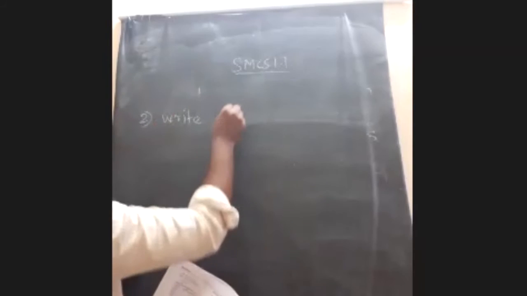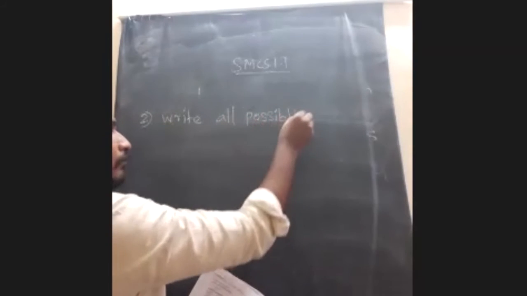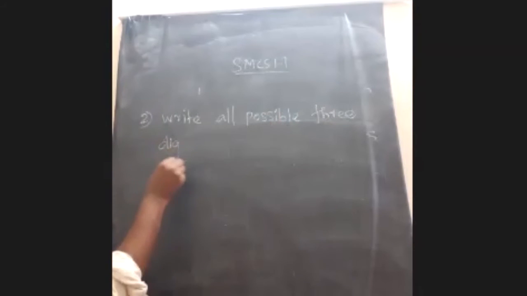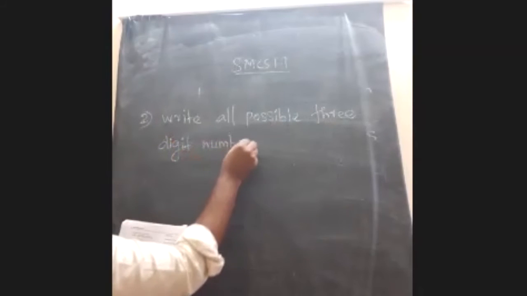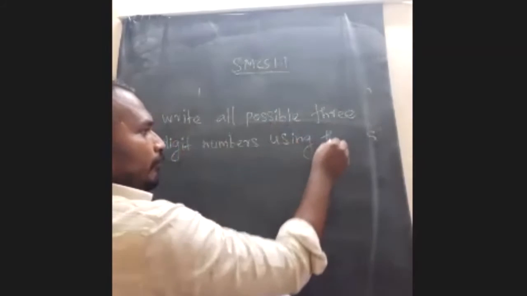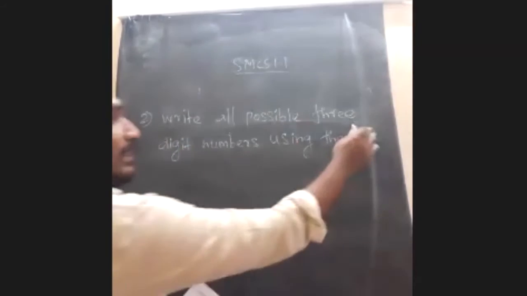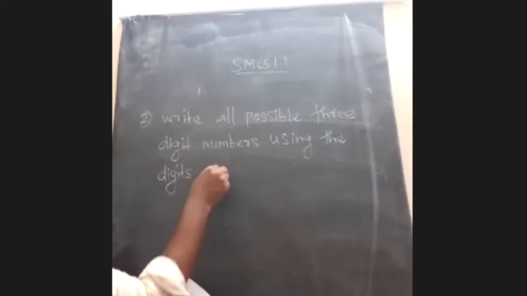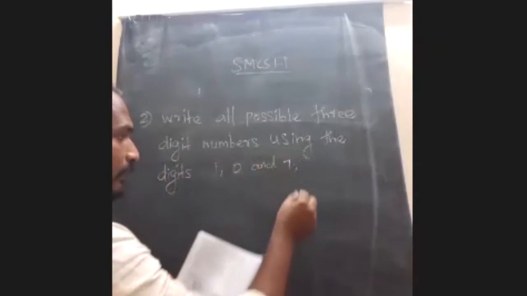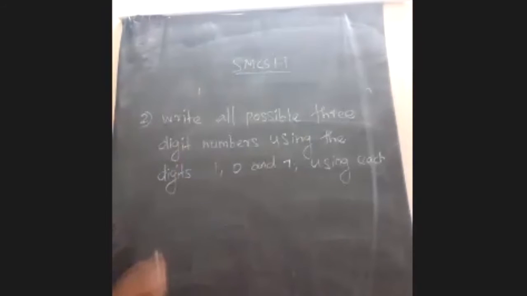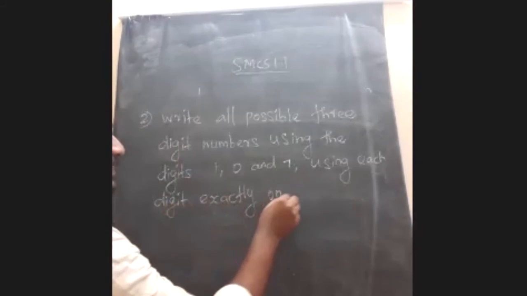Write all possible three-digit numbers using the digits 1, 0 and 7, using each digit exactly once.